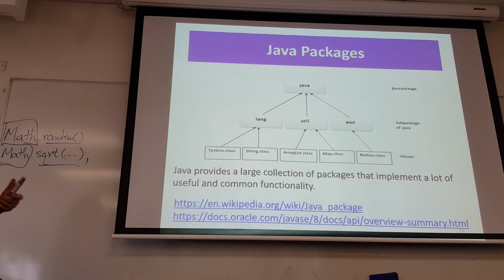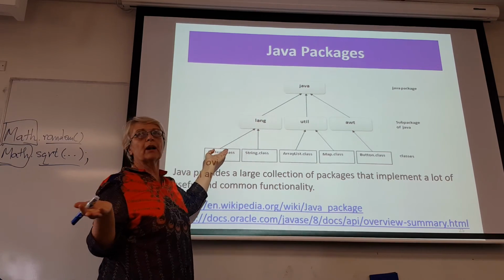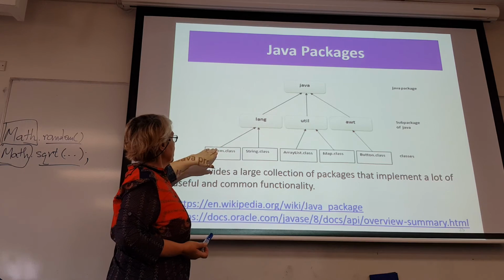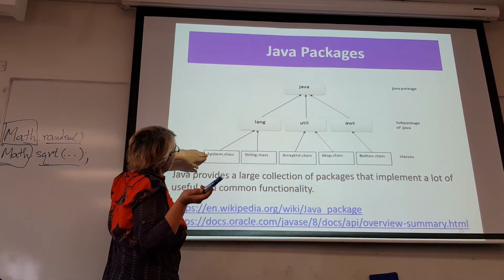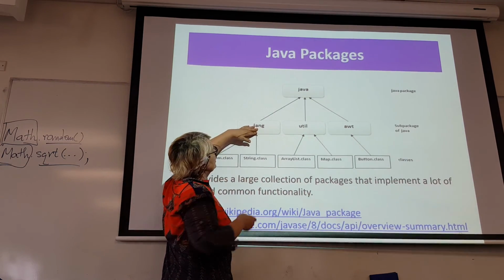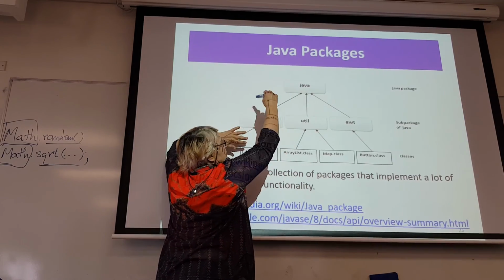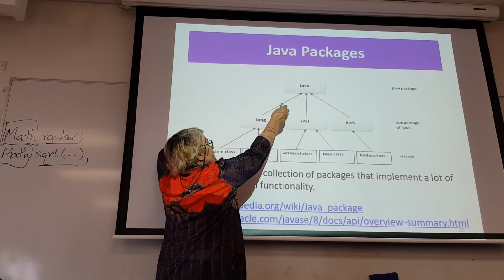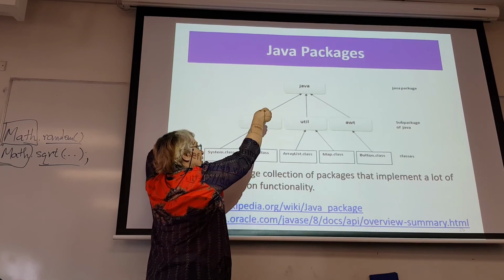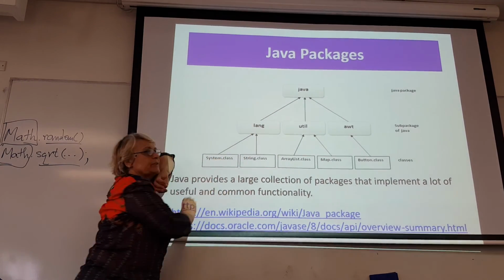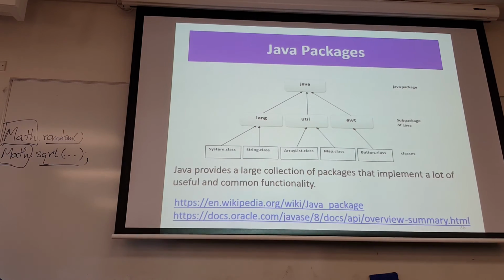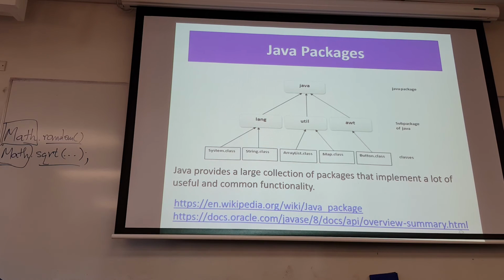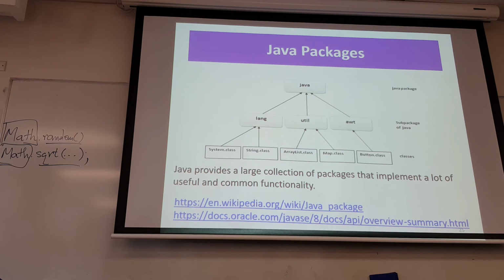What the compiler does when you use the System class, for example, is look in the java directory, and then it has a mechanism to know that it has to go to java language and find the System class. The notation normally is java.lang.System. And sometimes we use this notation.